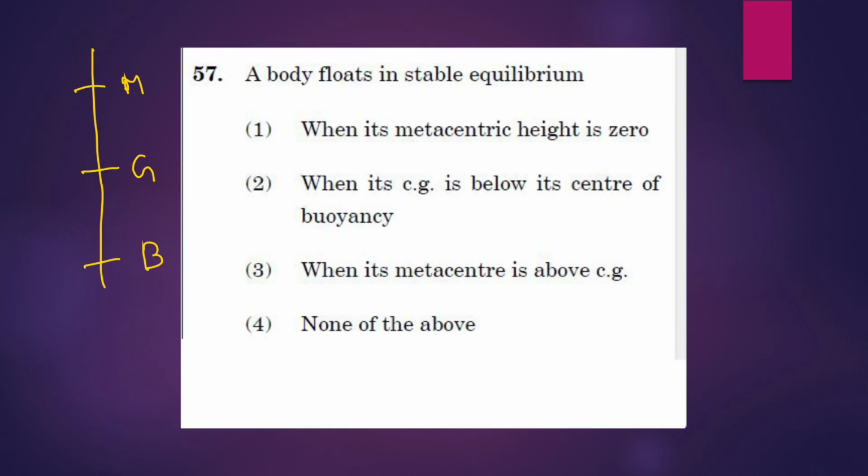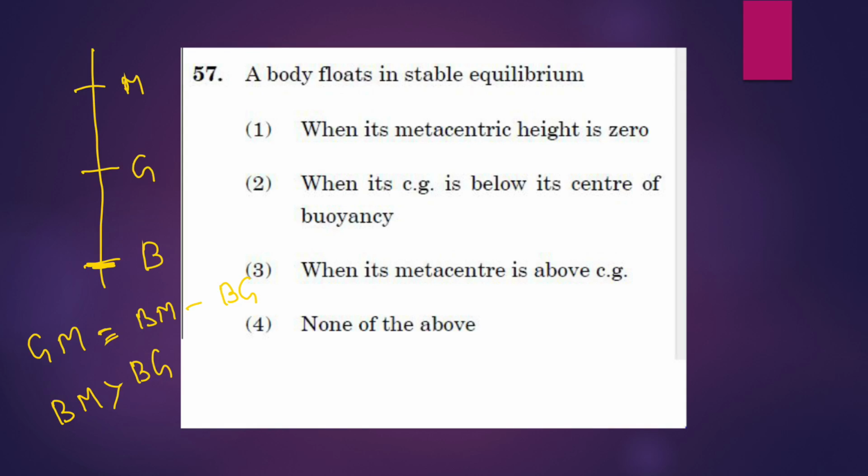Metacentric height GM equals BM minus BG. It should be positive, or BM should be greater than BG. For the stable equilibrium condition, BM should be greater than BG, or metacentric height GM is positive.